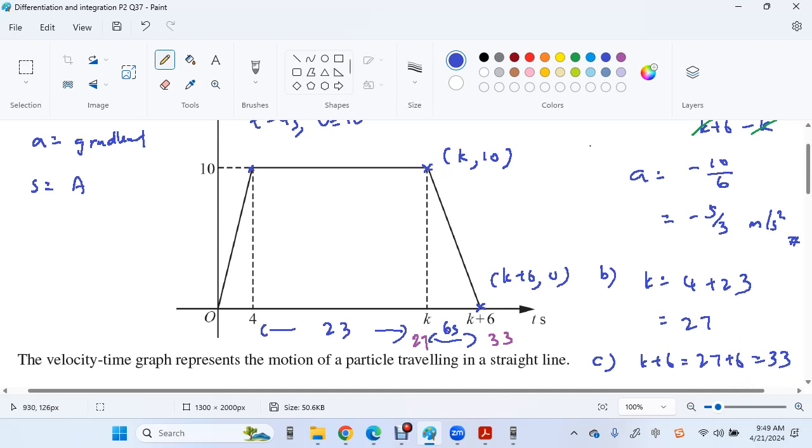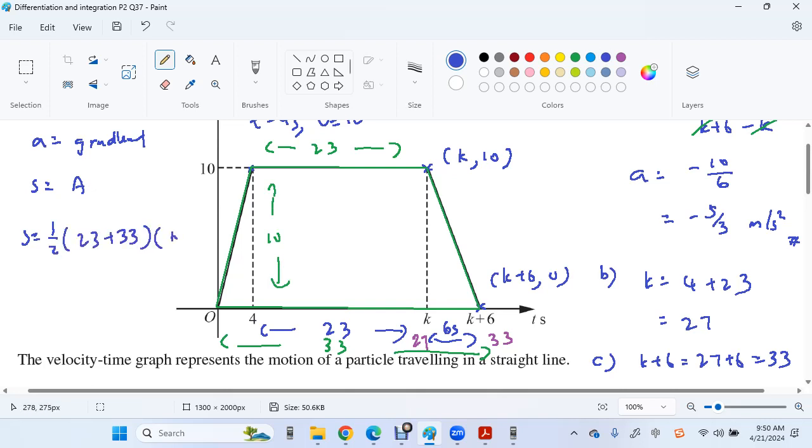Okay, so this is a trapezium. Over here, this is a trapezium. So we have here this one and this one and this one. This part is 23. This part is 33. This part, the height, is 10. So we know that S is the area. So S will be half times 23 plus 33 times 10.